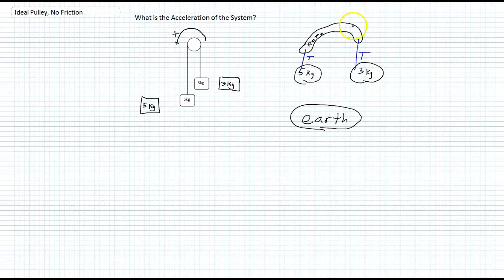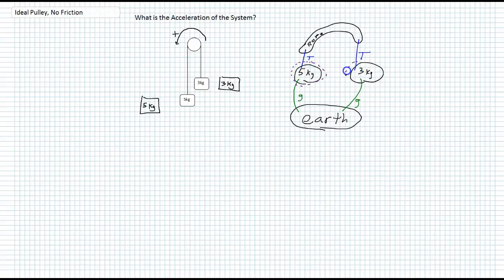All of these objects are interacting with the Earth's gravitational field, so there will be gravitational force, but we're going to assume that the rope is massless, and if the rope is massless, then there's no gravitational force on the rope. Alright, so I'm going to draw a force diagram for each of these objects.